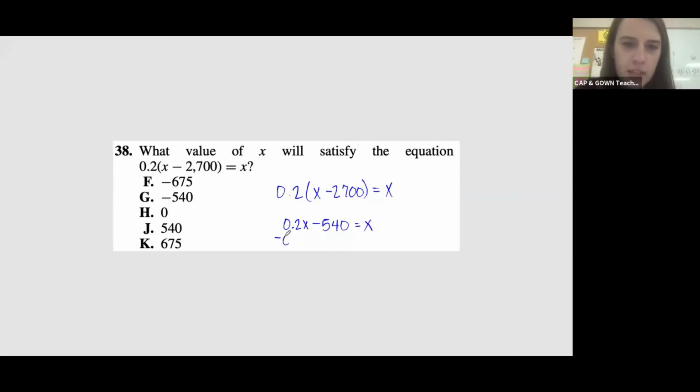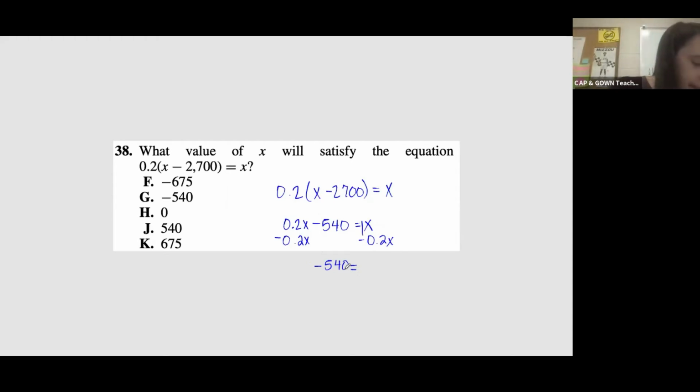I'm going to subtract that 0.2x on both sides. Negative 540. That's a big mistake when it comes to solving equations, is remembering to bring down that minus as a negative on the next step.